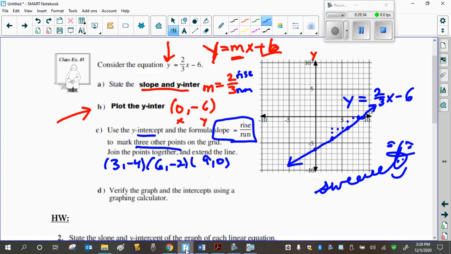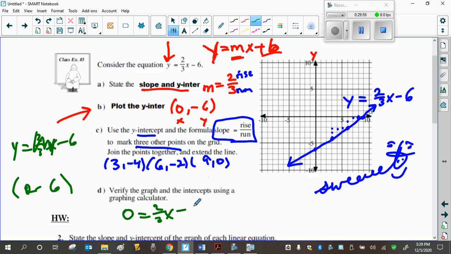The other way they're saying is to find the XY intercepts and see if that works. And if I just do that quickly, and you don't need to write this down, as we'll do questions like this. If I found the y-intercept, it'd be (0, -6). If I find the x-intercept, I'd have 0 equals 2/3 x because y equals 0.